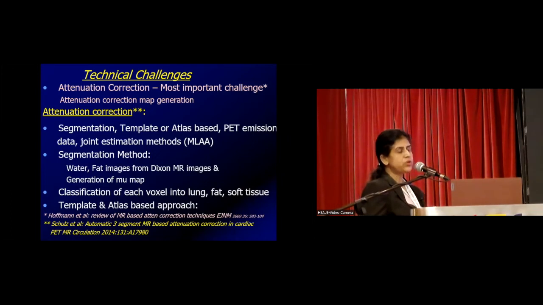The other method which was used for attenuation correction is the template or the atlas-based approach, where stored templates of a database are used to overlay the images and to find out the patient-specific, tissue-specific attenuation coefficients, which are added to the image for the attenuation corrections.